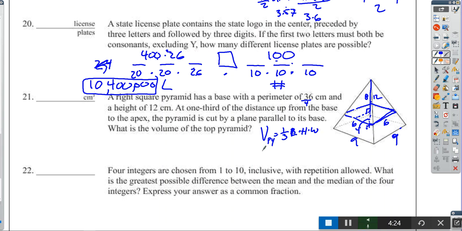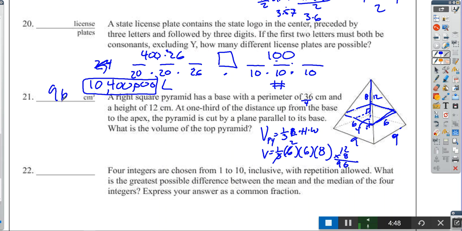So we have volume is equal to 1/3 times 6 times 6 times 8. Okay, let's simplify. So we have 2 times 6 is 12 times 8, and that is 96. So the volume is 96.